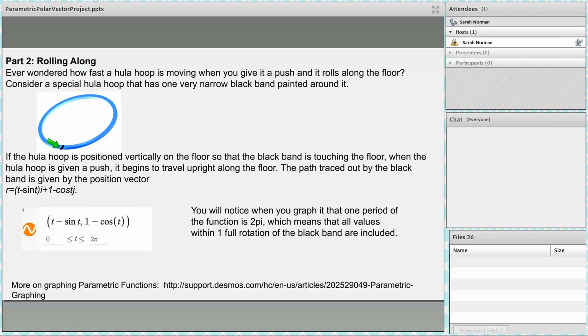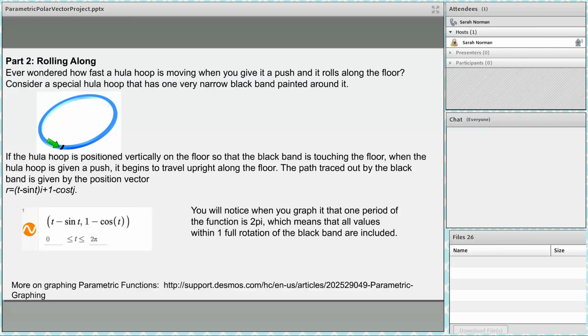So right here where you see this black band, that is the part where it is initially positioned right on the floor or the concrete or the ground, and then you're going to push it. So let's say that your friend now is holding the hula hoop and you're standing out to the side watching it. Think about the position of that band.